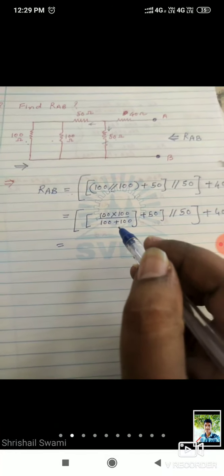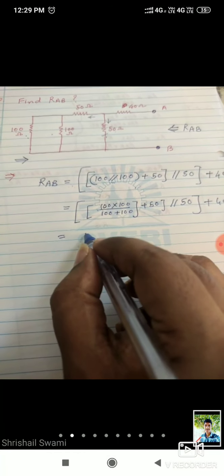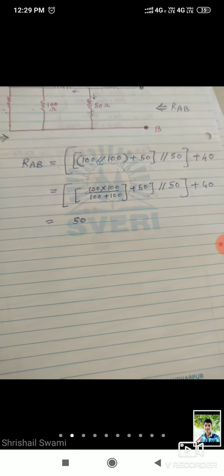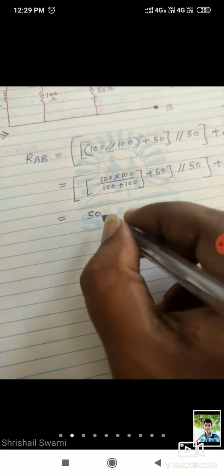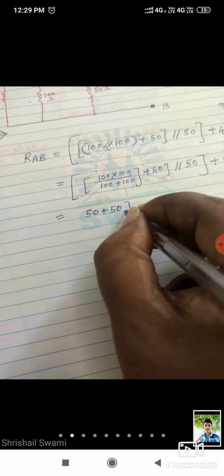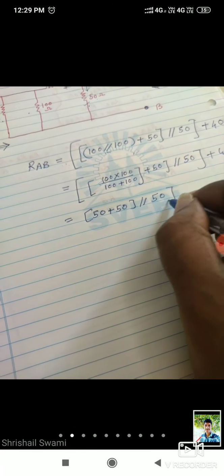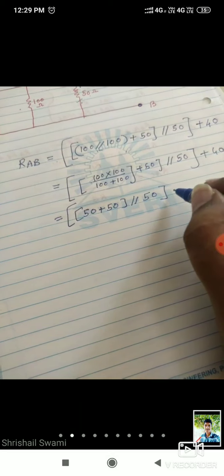So 100 into 100 divided by 200 means 10,000 divided by 200, that will give 50. Okay, so that answer will give 50. Okay, plus 50 as it is, then that is in parallel with 50 plus 40 as it is.